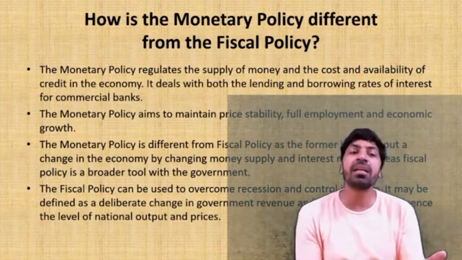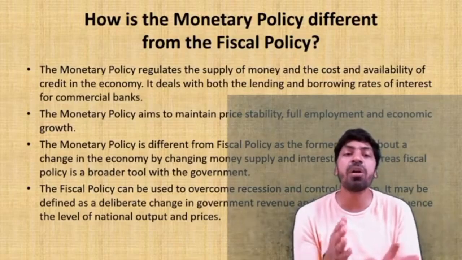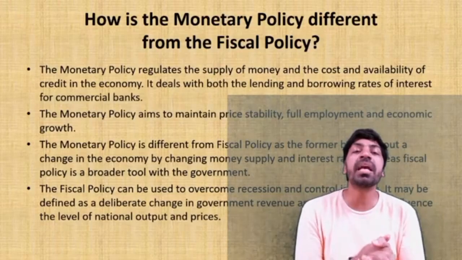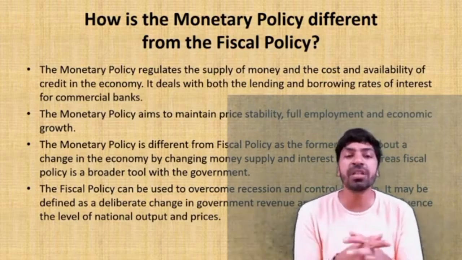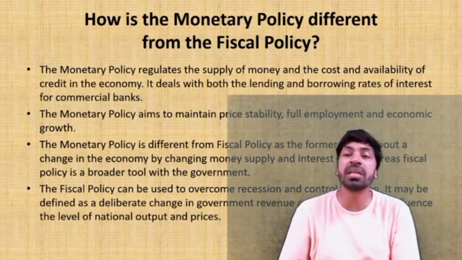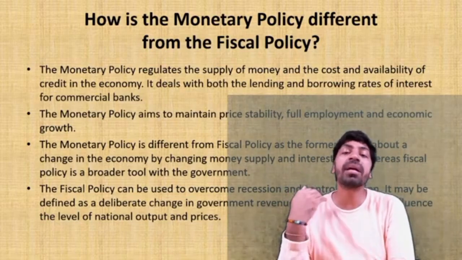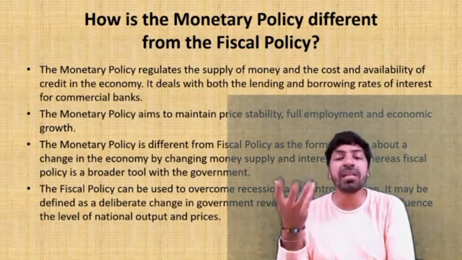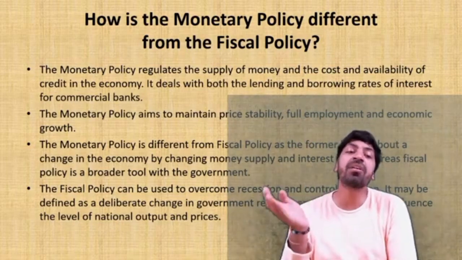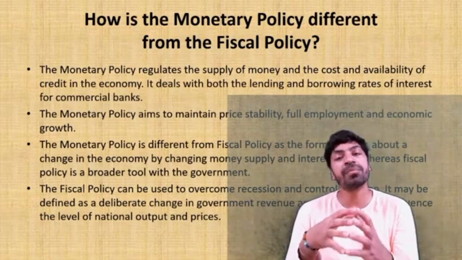The main difference is that monetary policy ensures price stability, full employment and economic growth. But fiscal policy focuses on the revenues and expenditure of the country, which have a direct or indirect influence on the level of national output and prices.